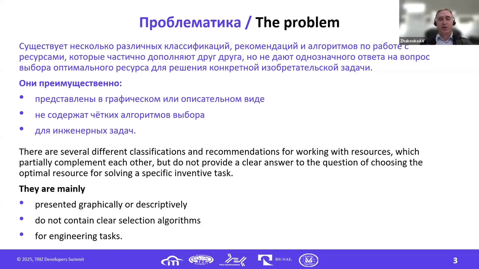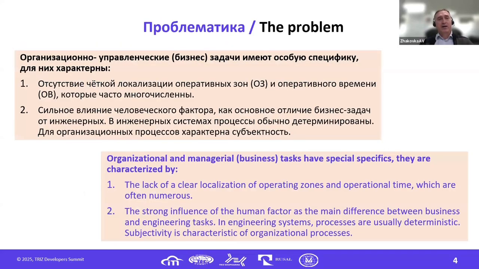And they are, as a rule, for engineering tasks. Meanwhile, organizational and business tasks have particular features. They are characterized by the lack of clear localization of operating zones and operational time, and they are quite numerous.